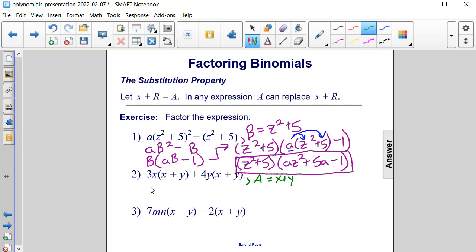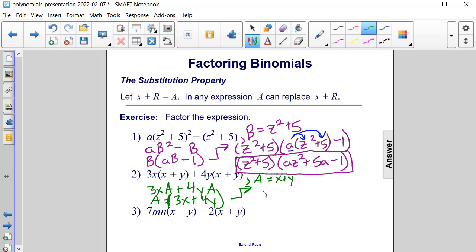So we can rewrite this as 3x times A plus 4y times A. Notice we have an A in common, so we can factor that A out, and we are left with 3x plus 4y, and now we can substitute A back in.